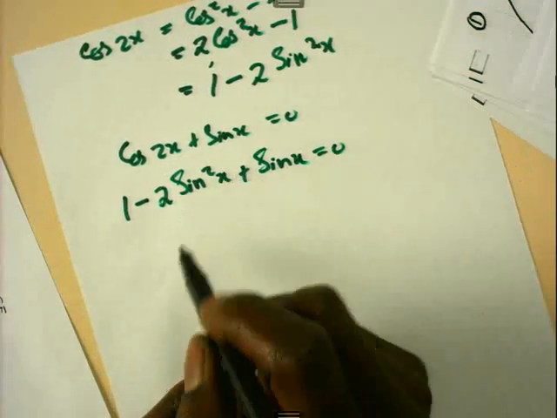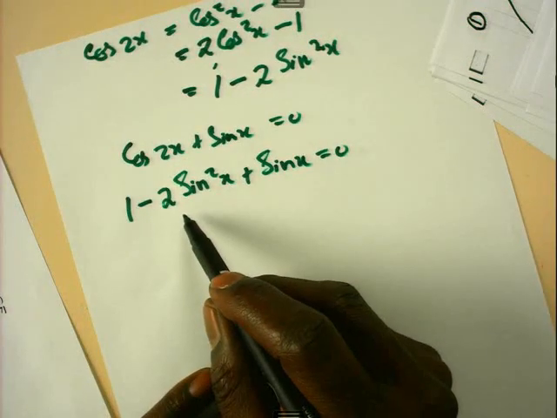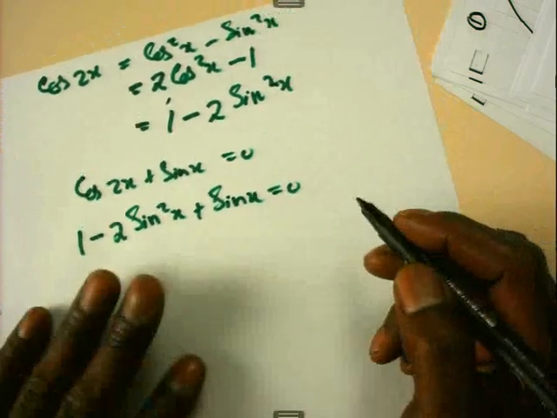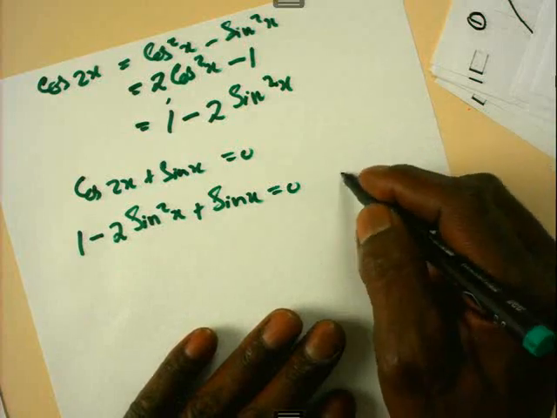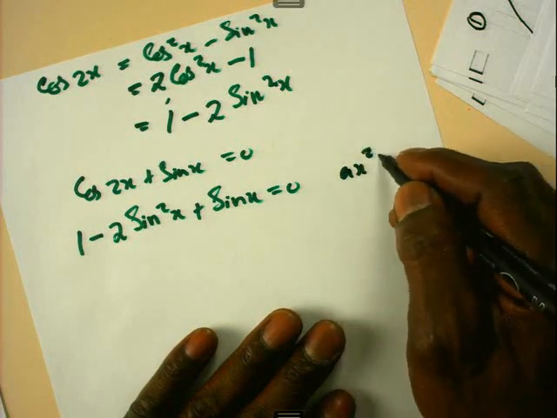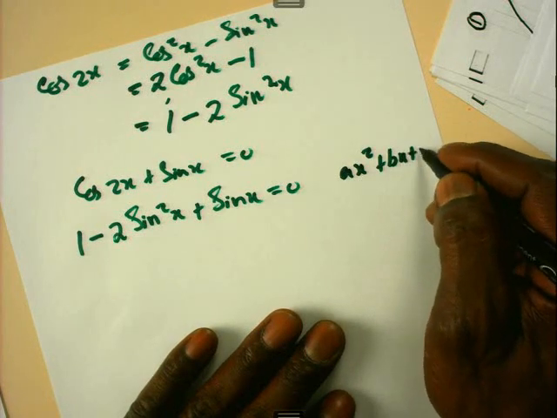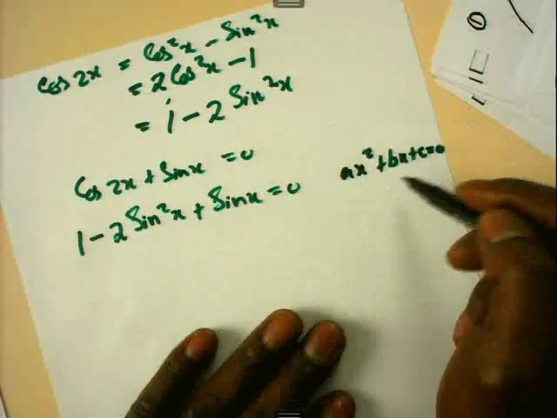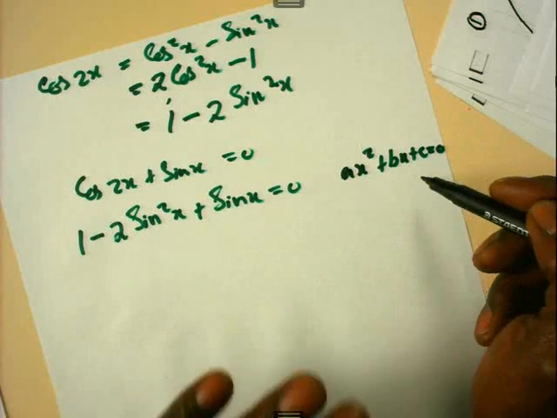Now, this is a bit complicated if it stands like this. I'm used to a quadratic equation as ax squared plus bx plus c is equal to 0. I would like to relate this to that.